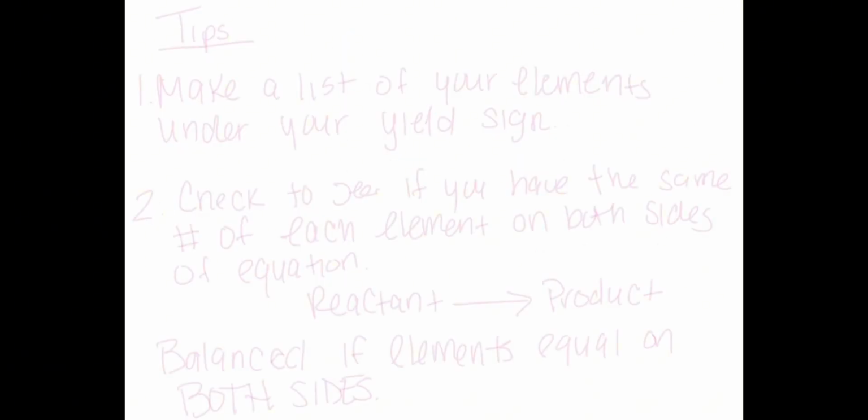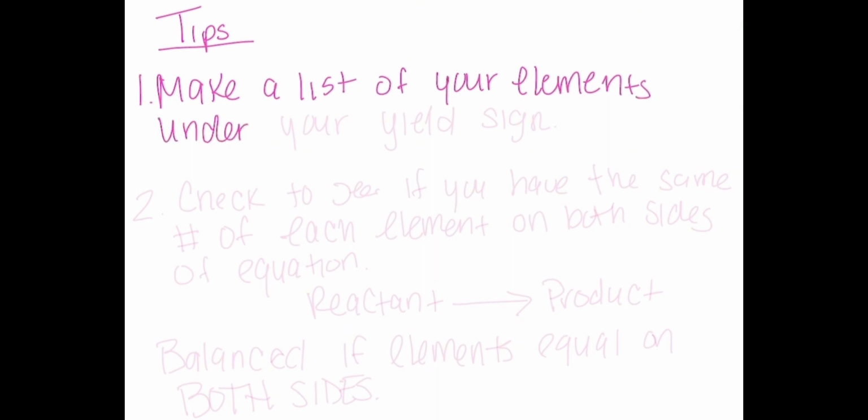Now, a tip. So tip number one. When you want to identify whether or not your equation is balanced, one, you want to make a list of your elements under your yield sign.